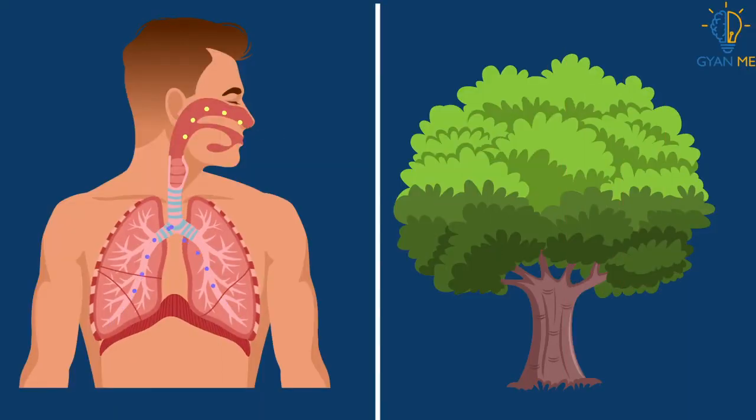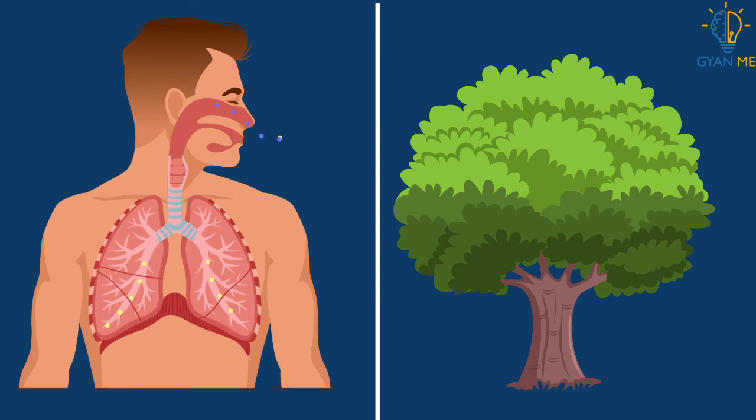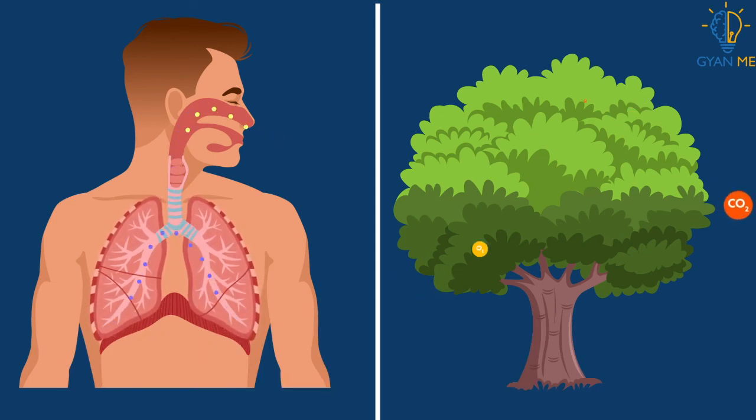Now the question is, do plants have a respiratory system like other organisms, especially as complex as humans? No. The plants don't breathe like other organisms through complex systems. And do you know why?